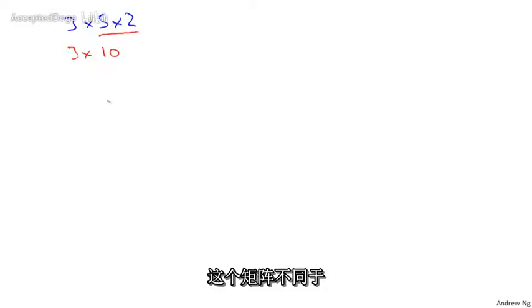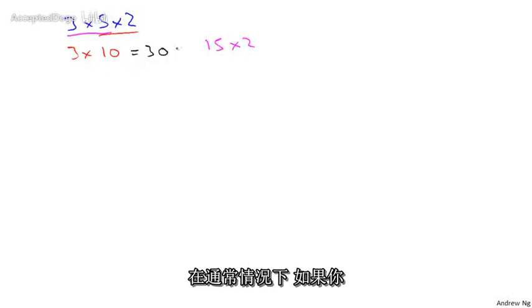Here's the next property I want to talk about. When talking about real numbers or scalars, let's say I have 3 times 5 times 2. I can either multiply 5 times 2 first, and compute this as 3 times 10, or I can multiply 3 times 5 first, and compute this as 15 times 2, and both of these give you the same answer.